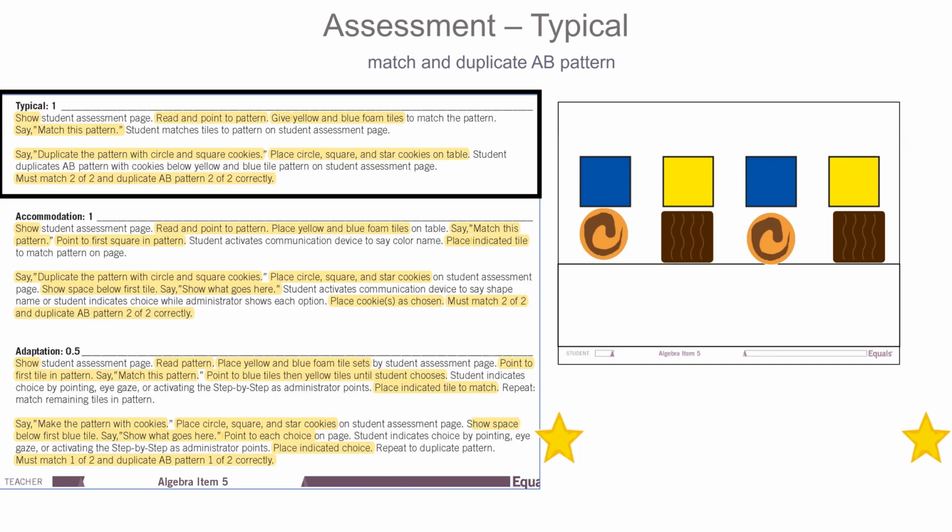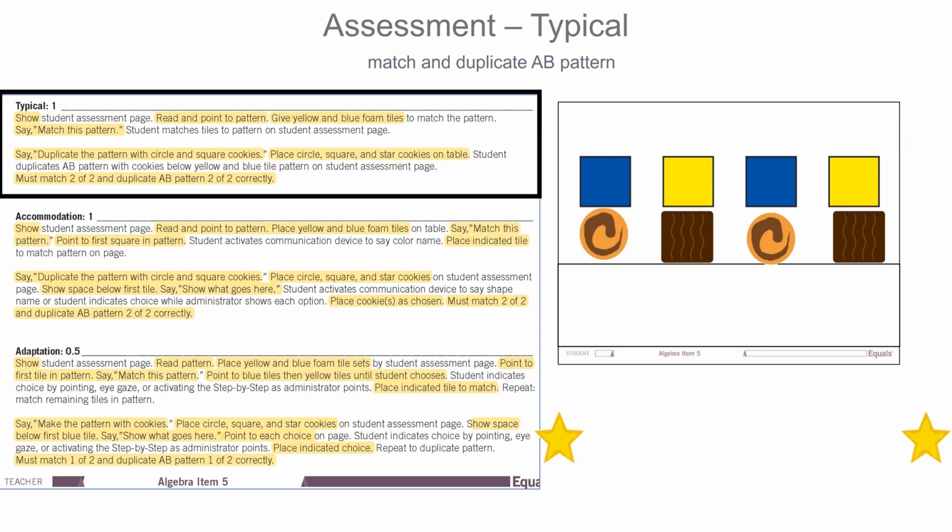But what if the student didn't really listen all that closely and put down circle, star, circle, star? Well, I want to know if my student can duplicate the pattern. And if they bypass what I said about the square and just put in the circle, star, I'd say, well, she duplicated the pattern. And then I'd make a note about not listening to the directions fully.